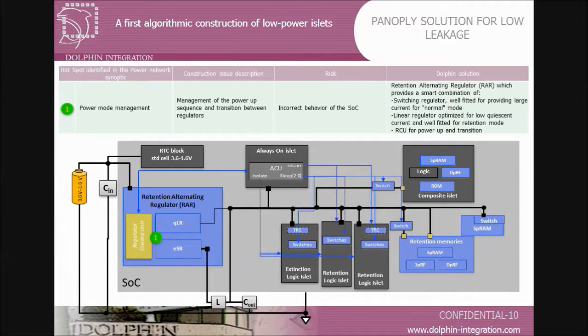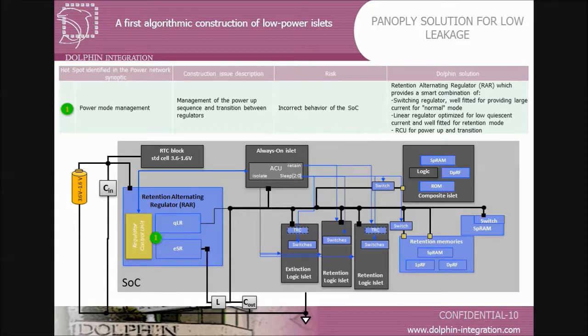So let's focus on some of those construction issues on the Dolphin solution. I mentioned as the first one the management of the power-up sequence and transition between the regulators. The risk is incorrect behavior of the SoC. In this case, this power synoptic is focused on leakage.